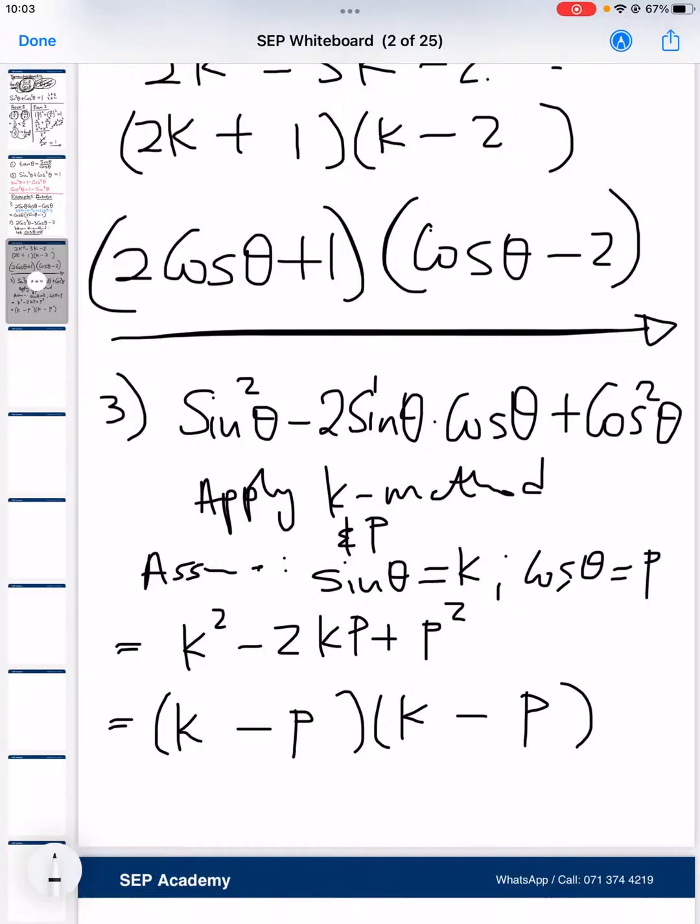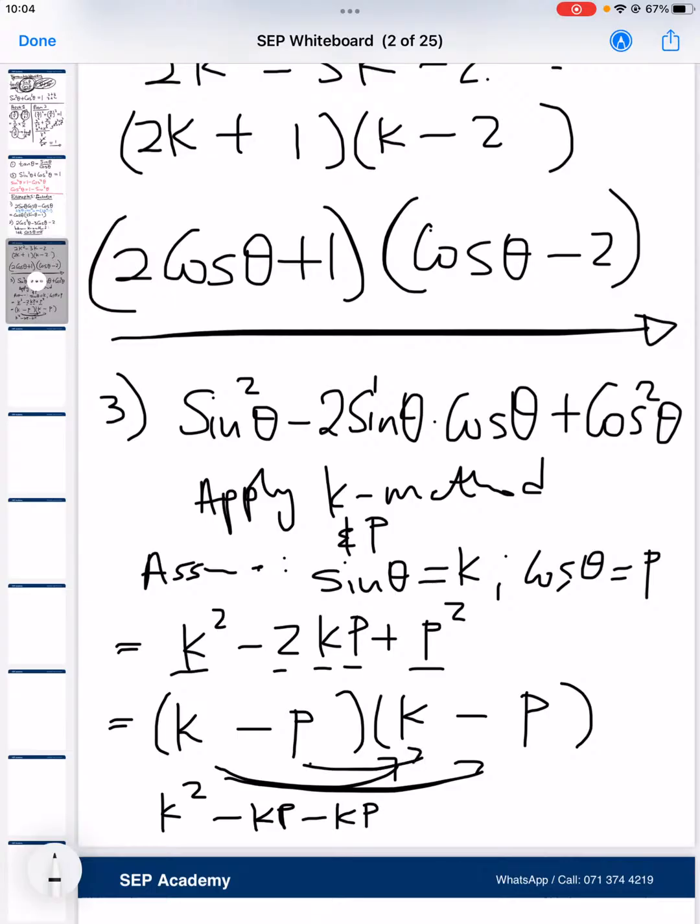The moment you have different letters squared, and in between you have those same letters repeating themselves, just remember this way of factorization. Because the moment you say this by that, it gives you K squared, that by that gives you negative KP, this by that gives you again negative KP, and that by that gives you positive P squared.